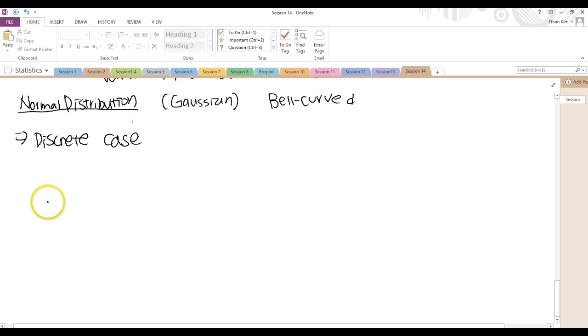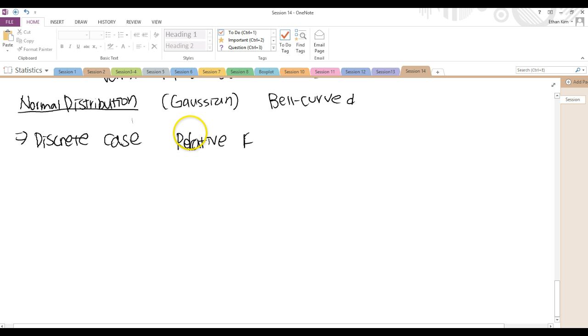For the discrete case, we have a different name for the probability. In this discrete case, we use something called relative frequency, because we can actually count how many times it occurs.